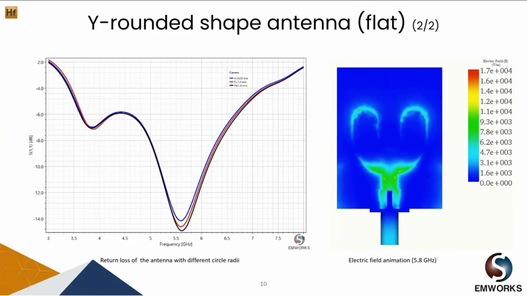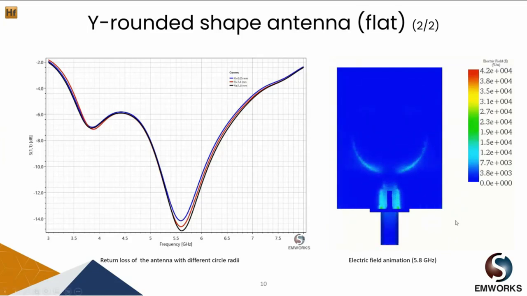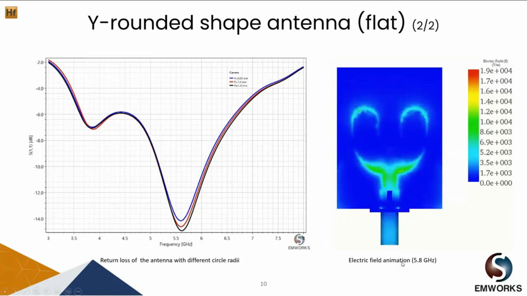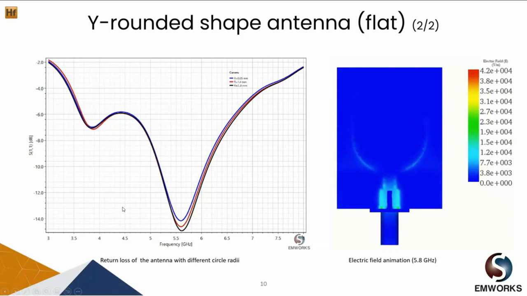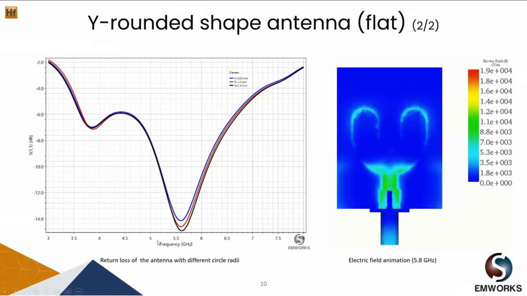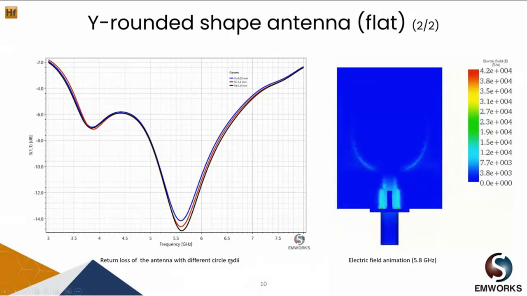So let's look at some of the simulation results. On the right, we have an electric field animation. On the left, we have a parametric study which is used to study the effect of changing the circle radii of the circular element.